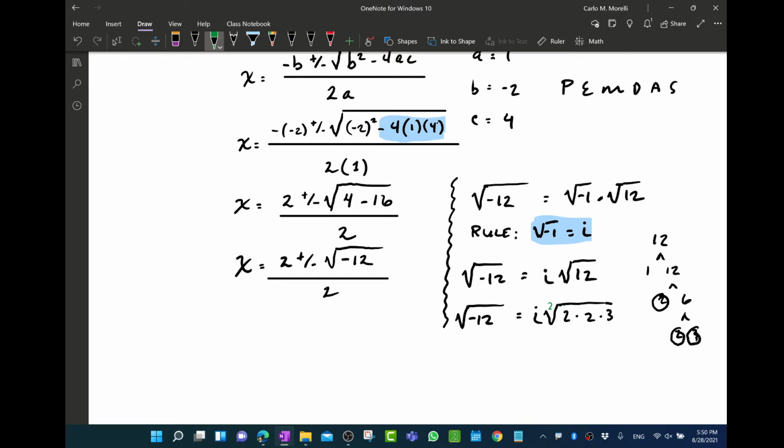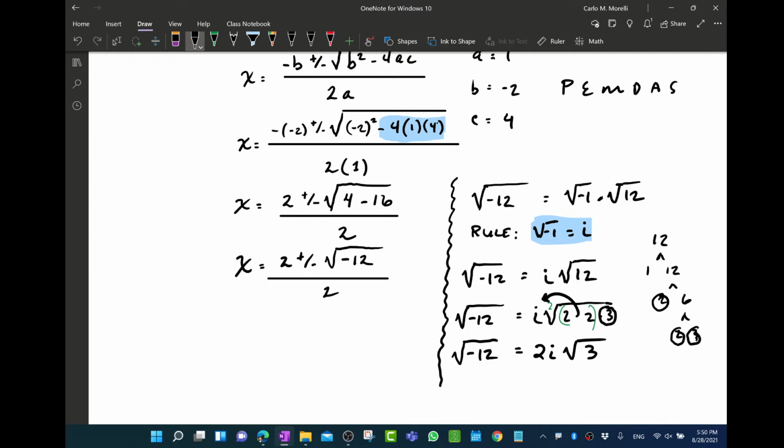So whenever there are a pair of numbers, we can extract them from the root and put them outside. I'll show you what that looks like. So another step here, we have the square root of negative 12 equal to, now I'm going to pull a 2 out. It's almost like reverse distribution. 2 times i times the square root of the only remaining term, which is going to be 3.